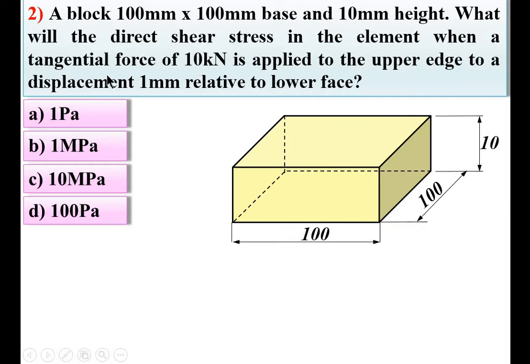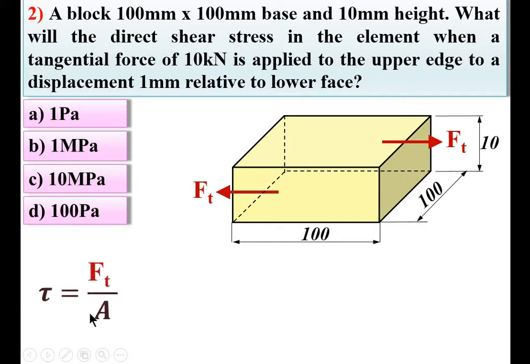Now when a tangential force of 10 kN is applied to the upper edge, I apply the tangential force Ft to the upper edge, and by default at the bottom layer there is a reaction of this tangential force.